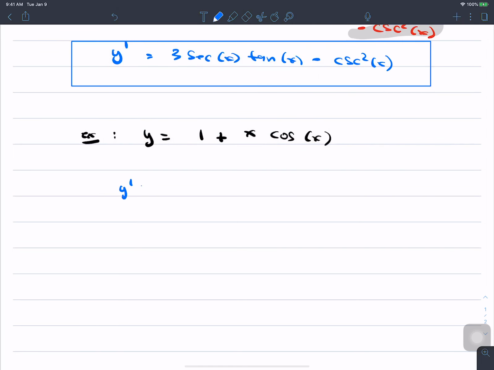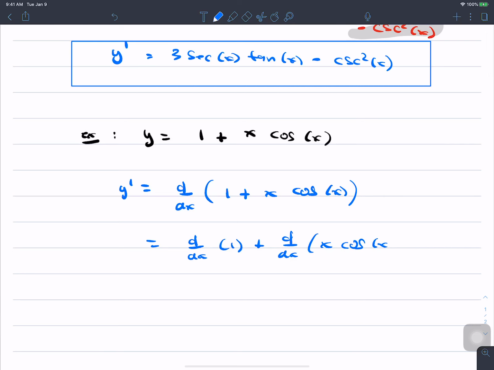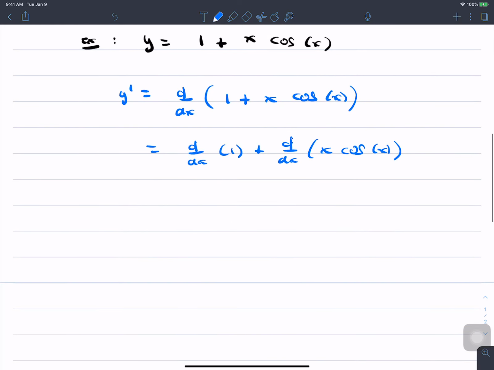Okay. y prime, the derivative of 1 plus x cosine x by properties. Derivative of 1, and then x cosine x.